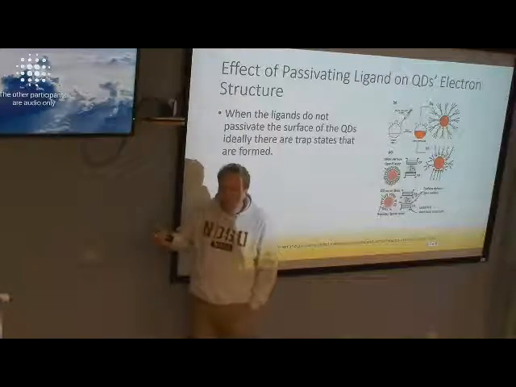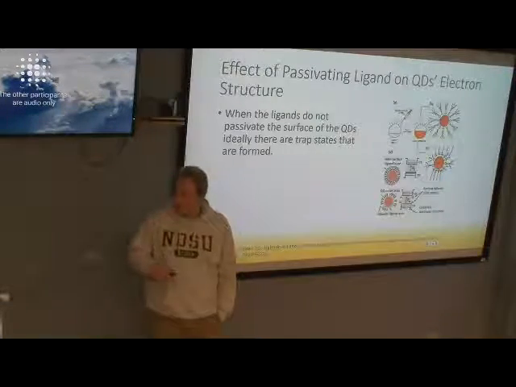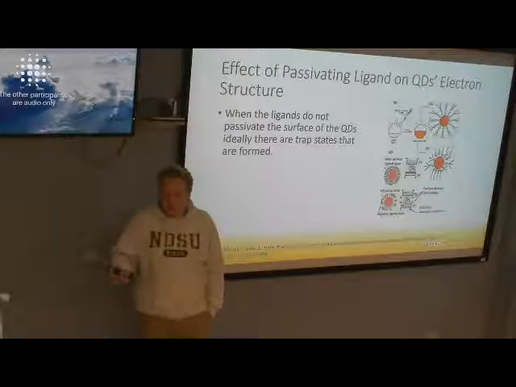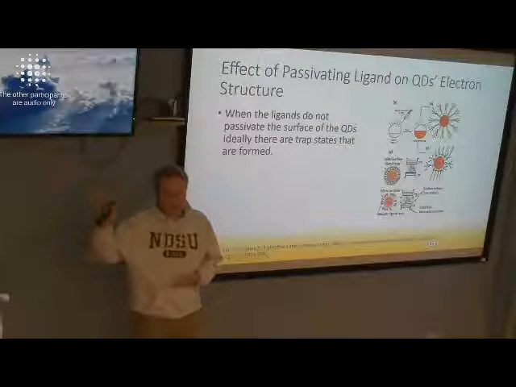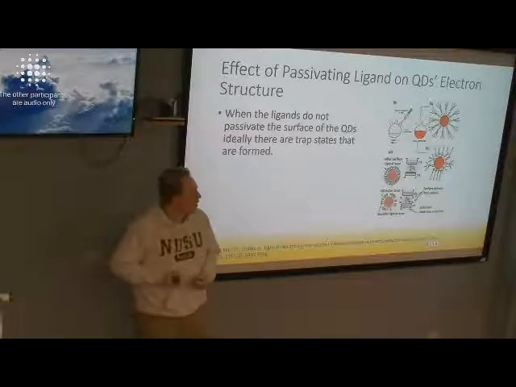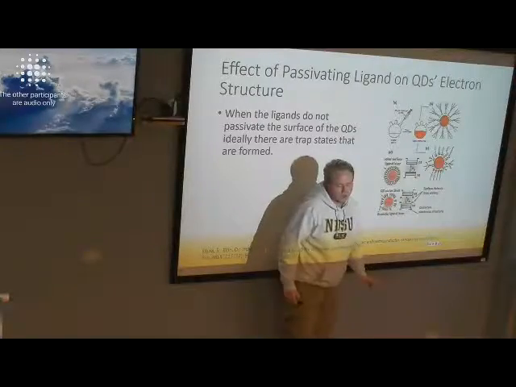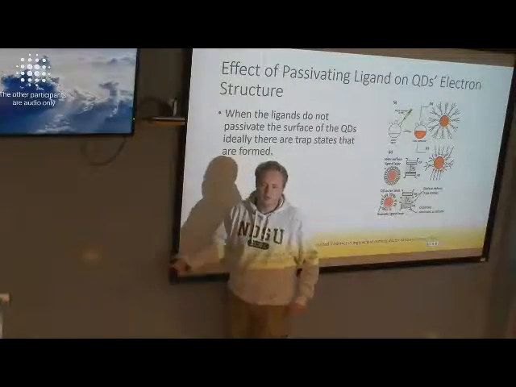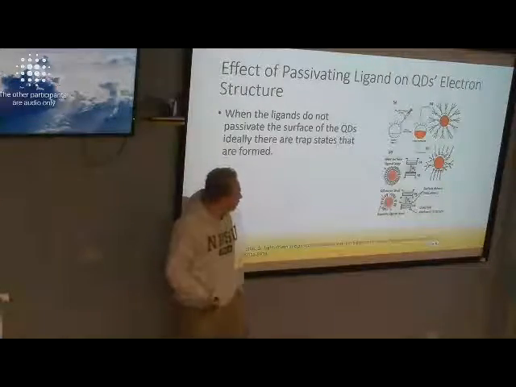A dangling bond is any atom that is undercoordinated. A lot of times you have cadmiums that have two or three coordination, and they have a place where another species can bind, and that is where the ligands come in. Typically we don't have ligands that bind to the anion. They typically go to the cation.